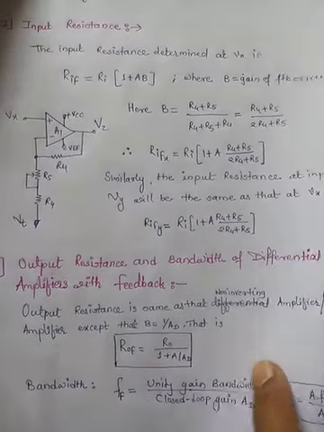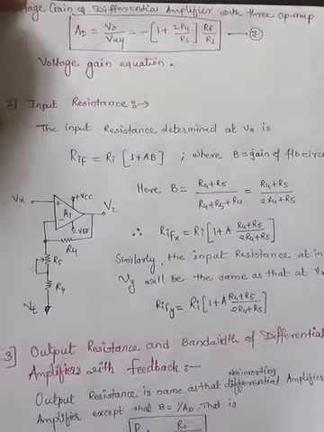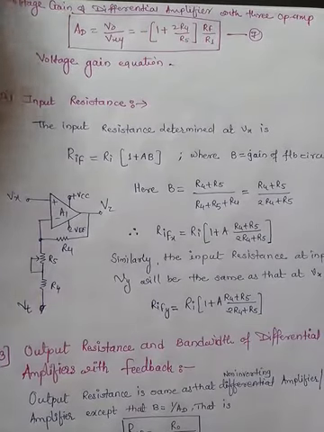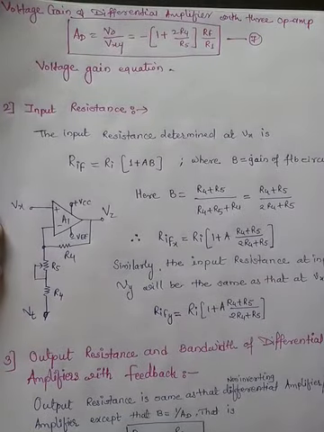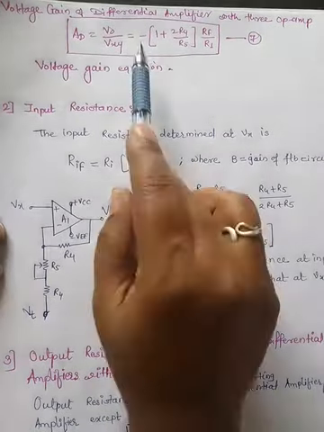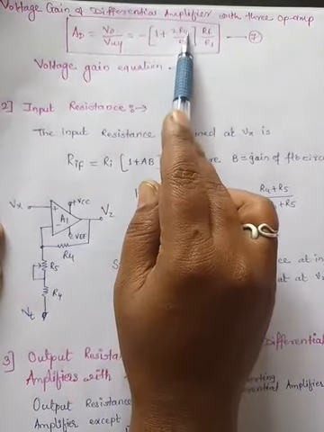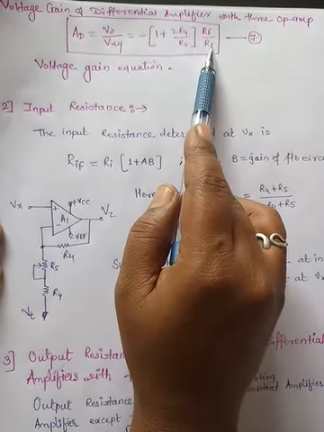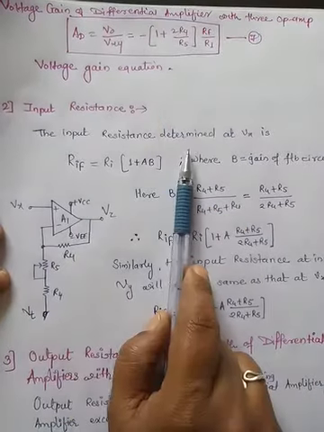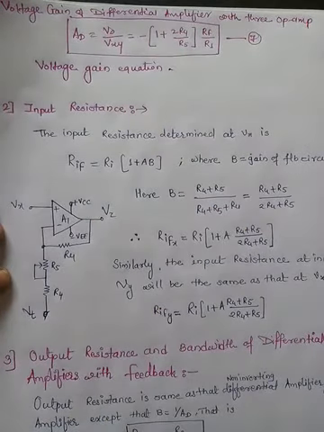See here, as we know, its gain equation we have already derived. The voltage gain of the differential amplifier is minus into bracket 1 plus 2R4 by R5 into Rf by R1.